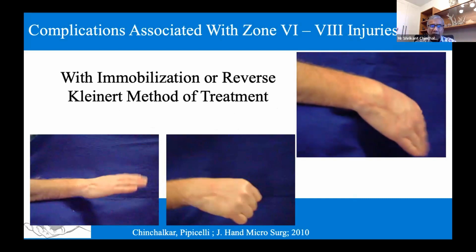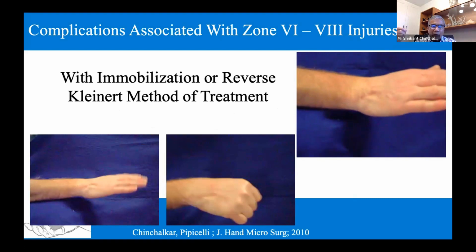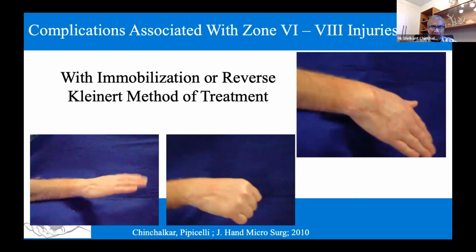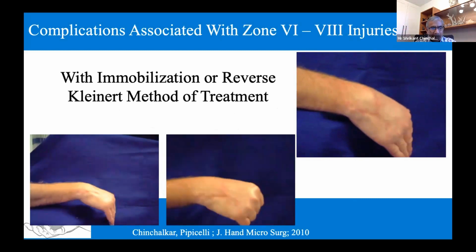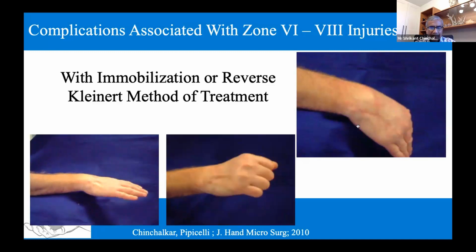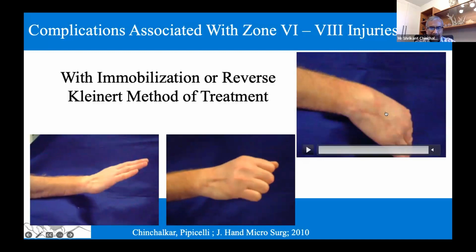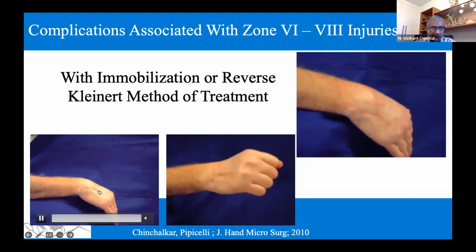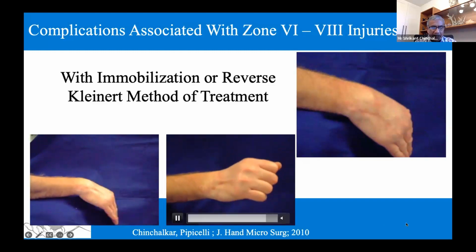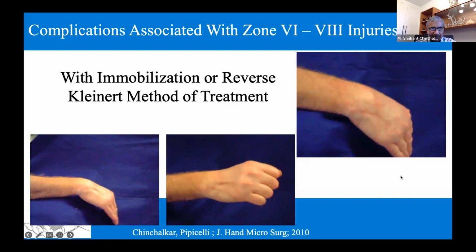But could we have avoided the tenolysis procedure if we had understood their pathology or pathomechanics better from the beginning? Here the patient had an extensor tendon repair distal to the extensor retinaculum, and is showing limitation in extending the wrist and extending the fingers.